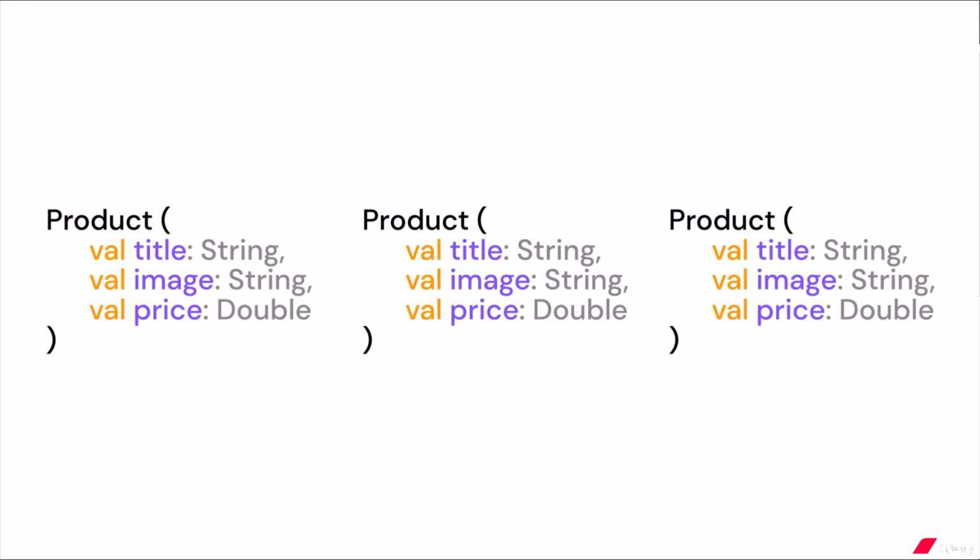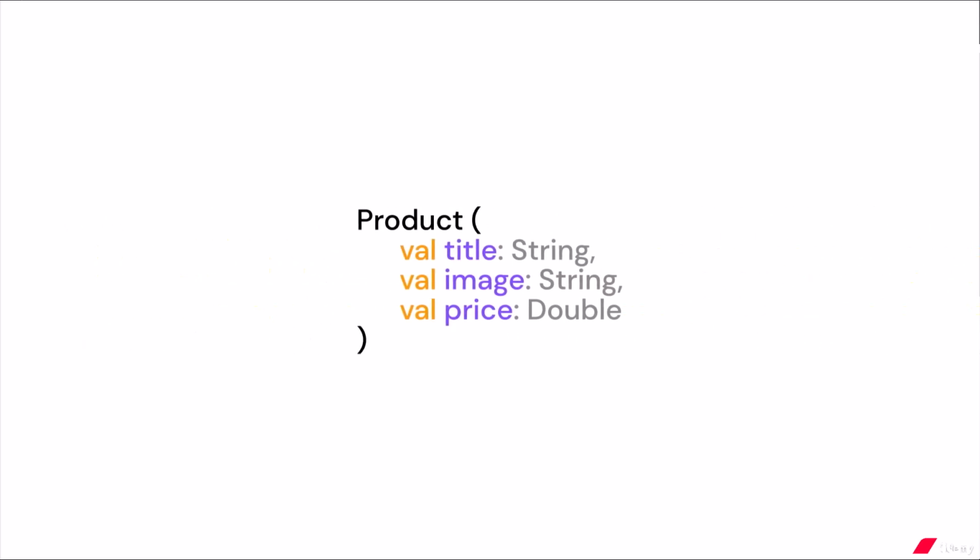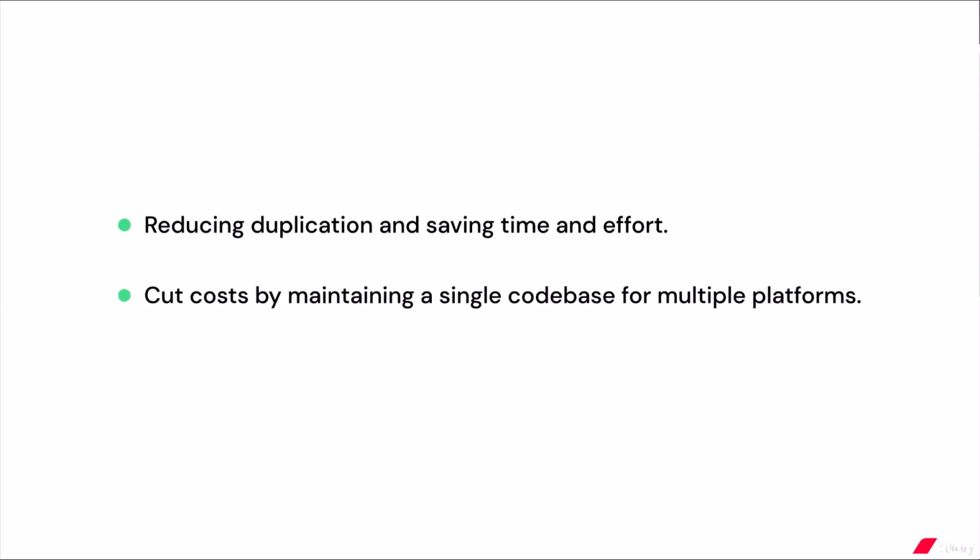However, with Kotlin Multiplatform, you will be able to define that class only once and reuse it in other different platform-specific modules as well. By sharing your code, you significantly reduce duplication and save time and effort. You can cut costs by maintaining a single codebase for multiple platforms. And, unlike Flutter, Kotlin Multiplatform applications are great in performance because they are built natively.